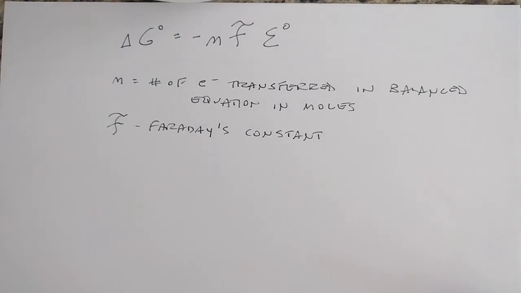Okay, named after Michael Faraday. He was an English chemist, born in 1791, lived till 1867. He has been called the greatest experimental scientist of the 19th century. He invented the electric motor and made many contributions to the fields of electricity and magnetism.